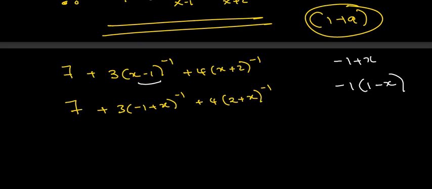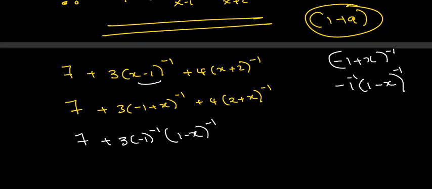So from here, we're going to include the power, because this thing had a power which is a negative 1. So we need to include the power, distribute it on both guys. That's where the 7 plus 3, negative 1 to the power negative 1 and 1 minus x to the power negative 1 came from. Then 4, this one here is just going to be a 2 outside with a negative.